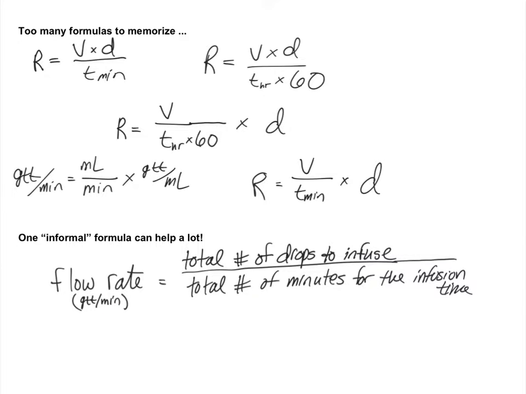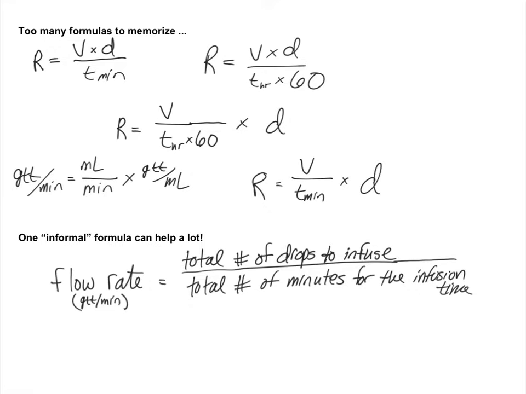So as a nurse, if I know the total number of drops that this patient needs to receive, and I divide that by the total number of minutes for the infusion time, then this ratio, once simplified, will give me a unit rate. It'll give me the total drops per minute.